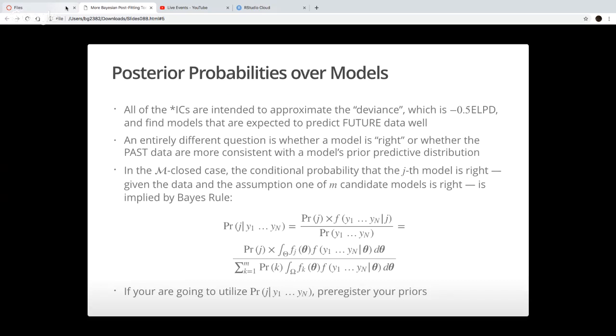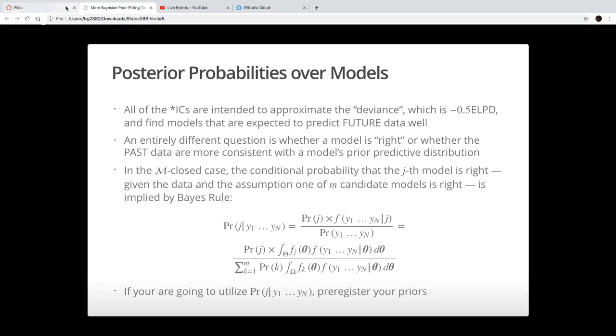All of the information criteria, LOOIC and WAIC, DIC, AIC, etc., that we were talking about on the previous Tuesday and also the previous Thursday, are intended to approximate the so-called deviance, which is -1/2 of the expected log predicted density of future data, in order to enable you to identify which models are expected to predict future data the best.